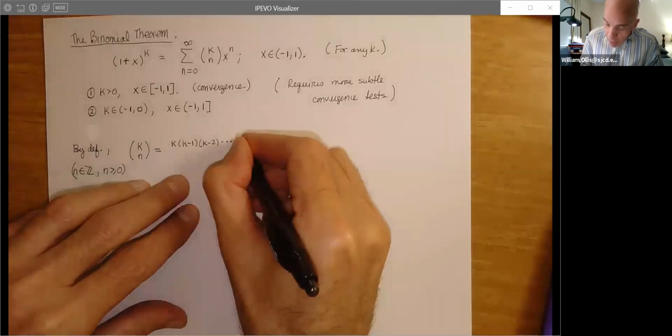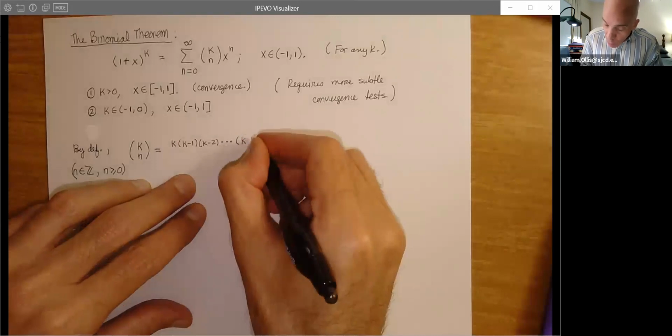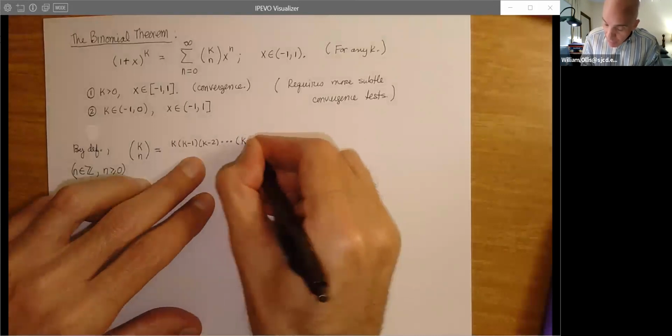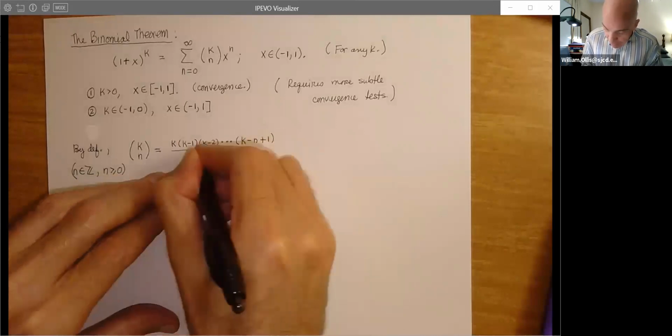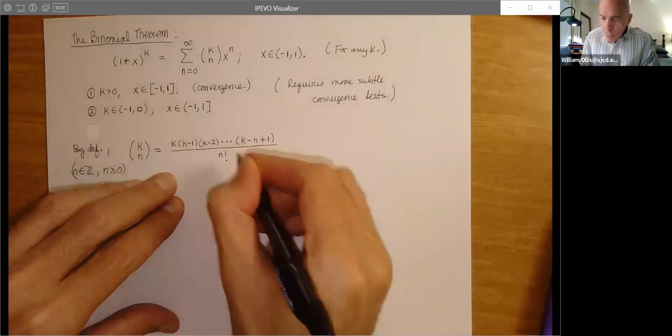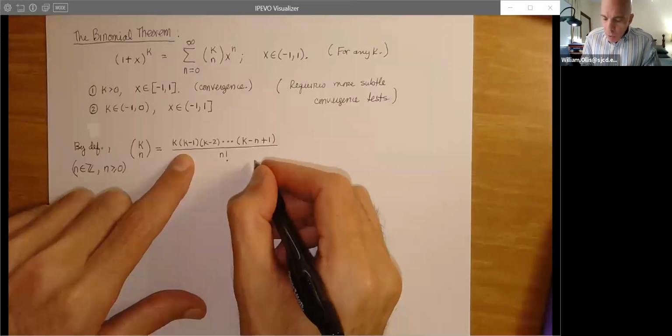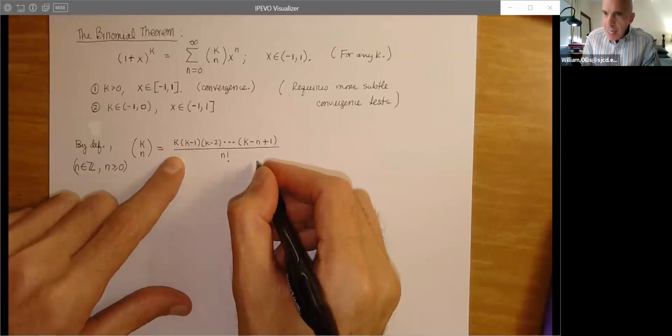And so the final factor we're going to get in these will be k minus n plus 1, divided by n factorial.